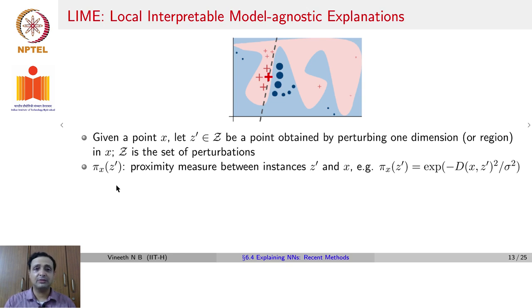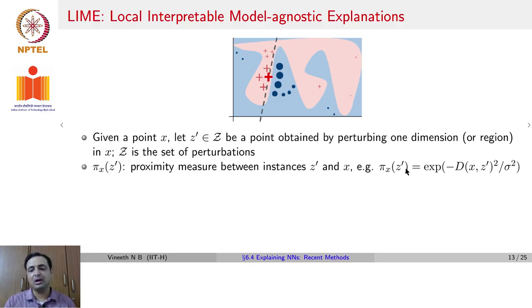Let's assume that we have some metric pi x of z prime, which is a proximity measure between instances z prime and x. So for example, the distance between the not bold plus and the bold plus is what we're going to refer to as pi x of z prime.